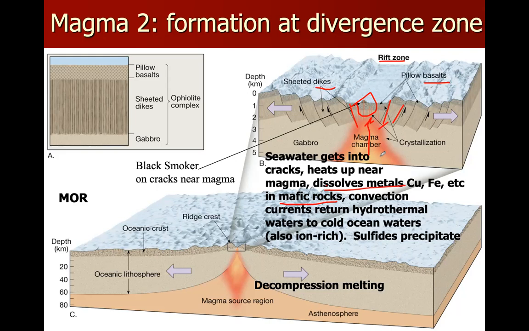Mafic magma means iron-magnesium rich magma, and such magma is able to dissolve a lot of heavy metals. So that is why these heavy metals are associated with mafic magma. So basalt means mafic magma. It's a blackish type of magma, and the rocks formed are also very dark, blackish in color.